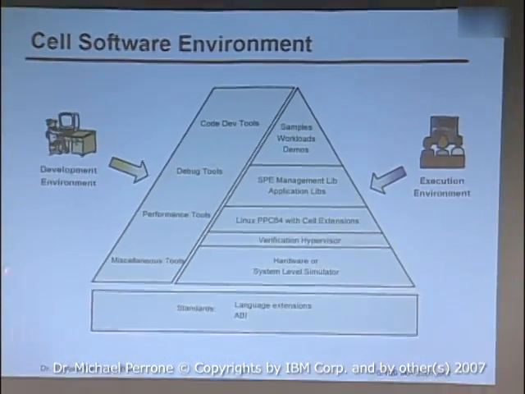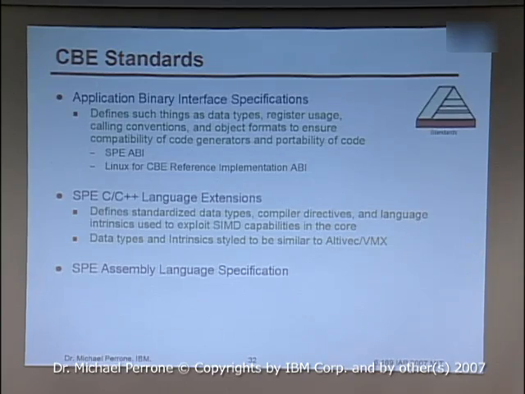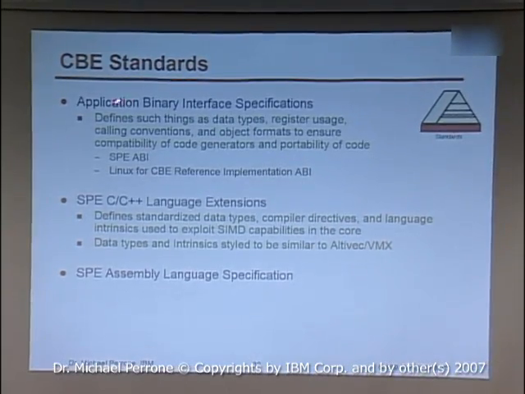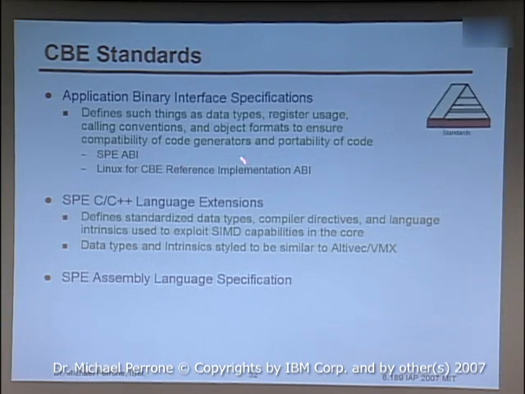All right, so this is kind of the cell software pyramid. We've got the standards under here, the application binary interface, language extensions, and over here we have development tools, and we'll talk about each of these pieces briefly. These specifications define what's actually the reference implementation for the cell.